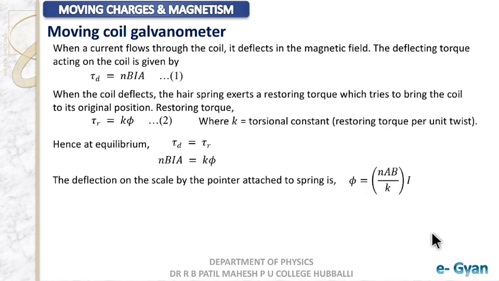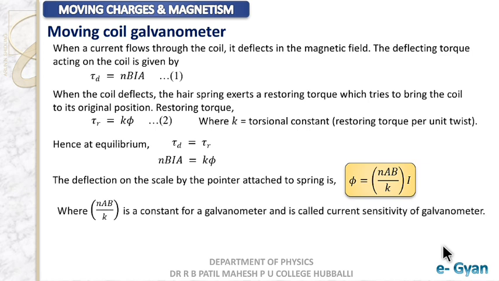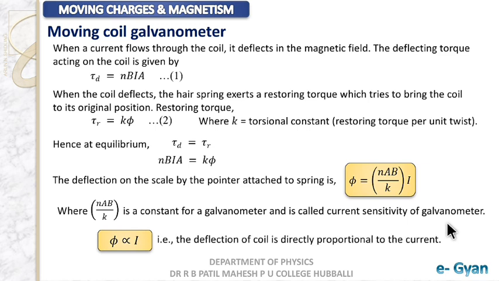So we get the expression phi is equal to NAB divided by K into I. Here we see that this constant NAB divided by K is called the current sensitivity of a galvanometer. And we also observe that if this quantity is constant, then deflection in the galvanometer is directly proportional to the current flowing in the galvanometer.